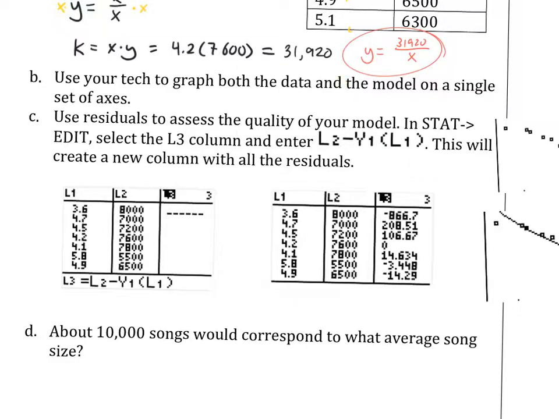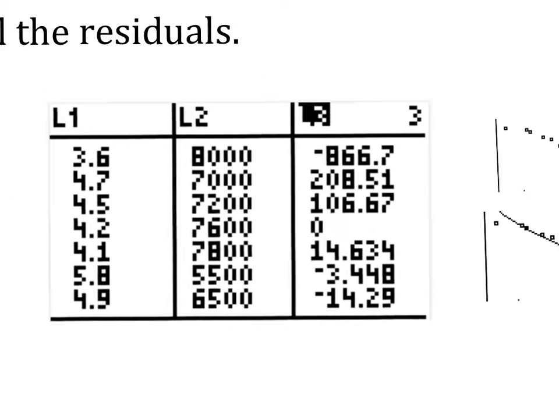So what do the residuals tell us? Well, the residuals tell us that we have a bunch of stuff that's above, so 200 is above, we're off by 200 songs. The observed is above my expected by 200.